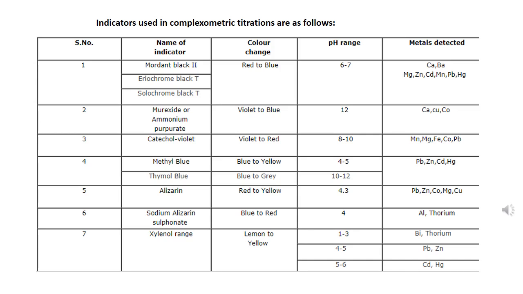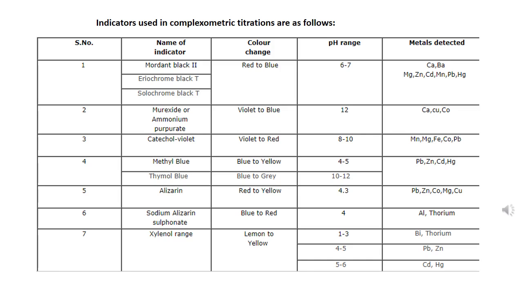When a complex of ligand and that metal ion is formed, it is converted from blue to red. The pH range is 4, and aluminium and thorium can be detected with this.